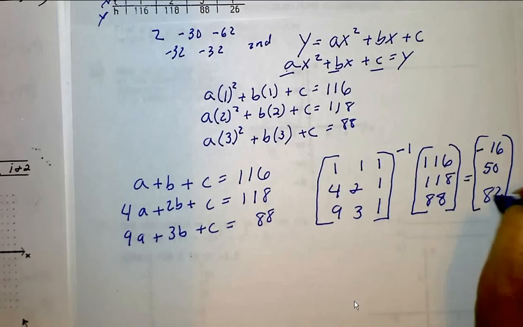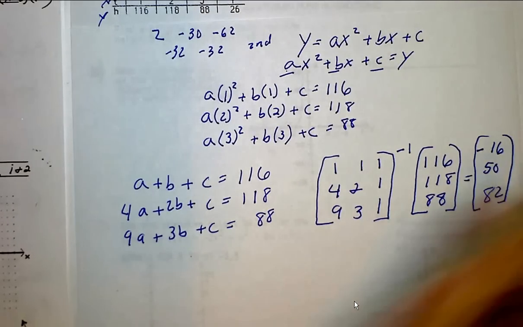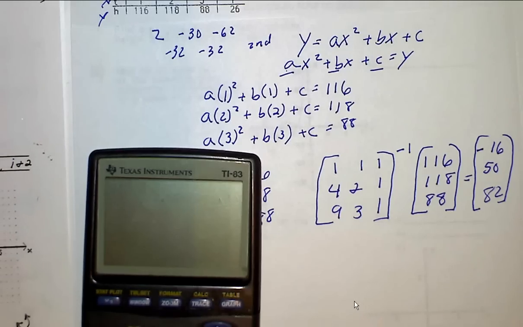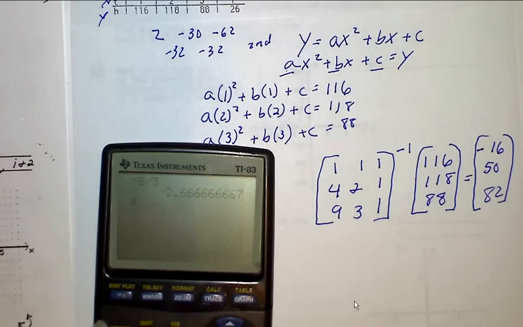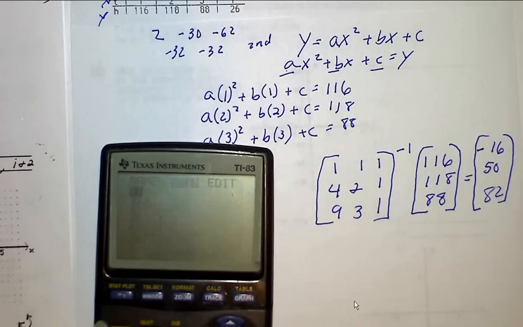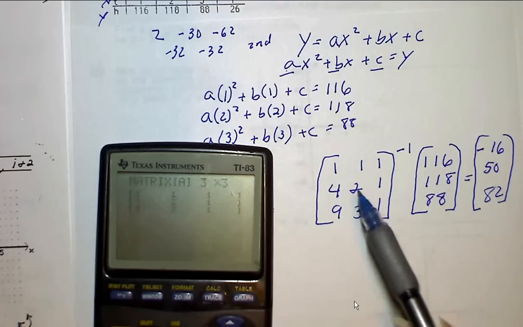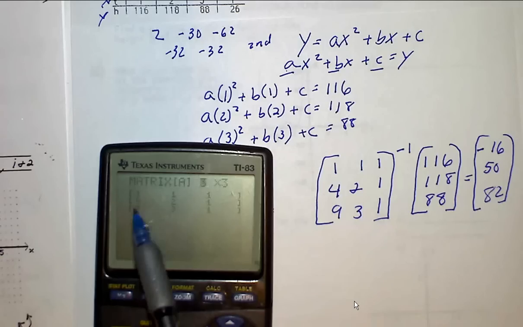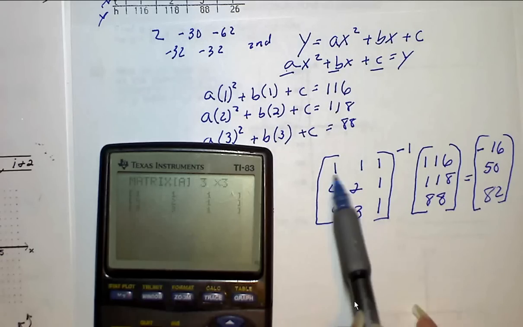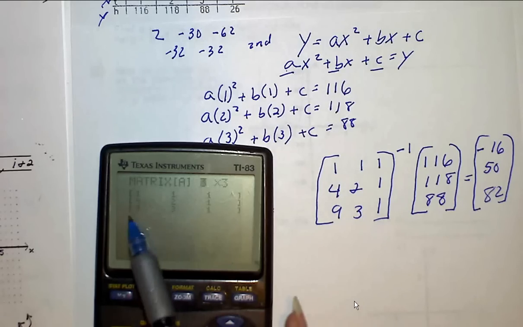If you don't know matrices, remember what you have to do really quickly is you would hit your matrix button and you would go to edit, and then you would go and enter 3 by 3. When you do it, make sure that it looks exactly like what you have here. So it'll be 1, 1, 1, 4, 2, 1, and then you go second quit, go back to your matrix.